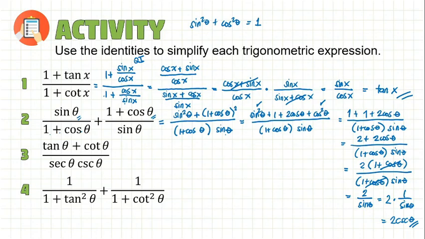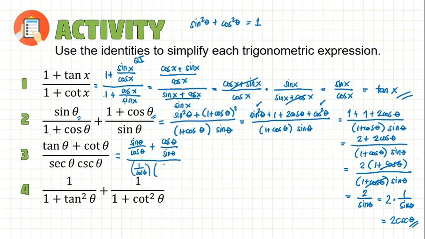Okay? So I hope that is clear. Okay. Now let's try number 3. For number 3, let's try to write the functions here in terms of cosine and sine. Tangent is sine over cosine, so we have sine theta over cosine theta plus cotangent is cosine over sine, so we have cosine theta over sine theta, all over secant theta is 1 over cosine theta, right?